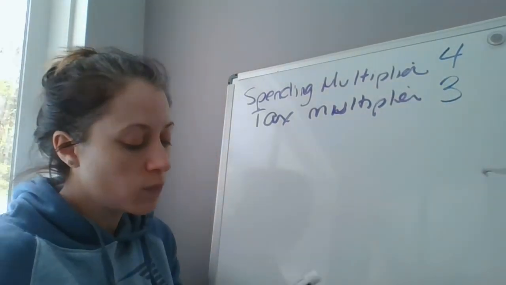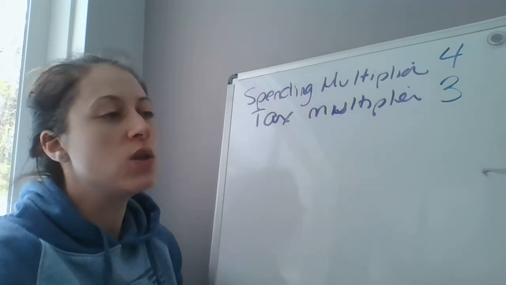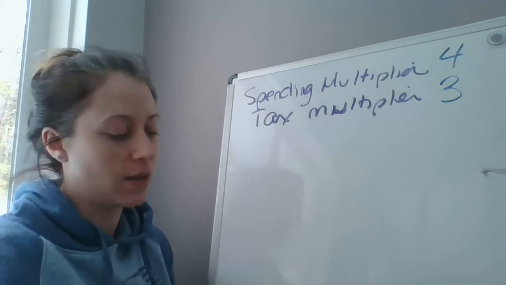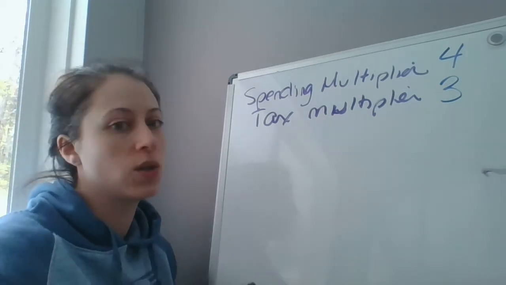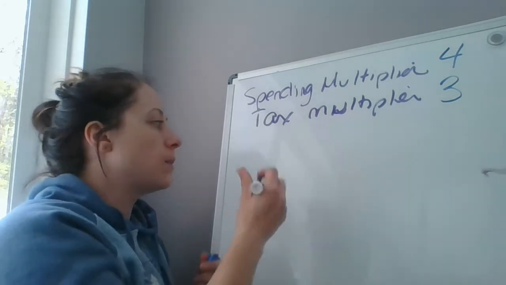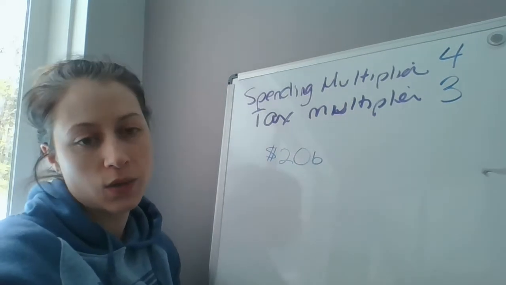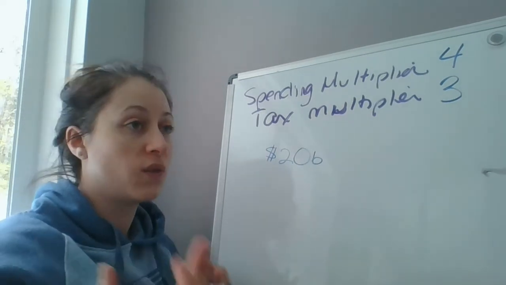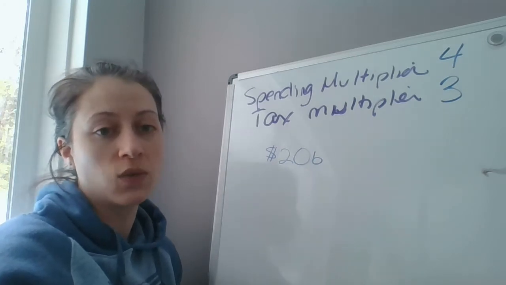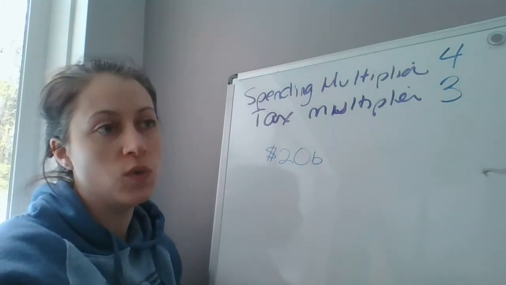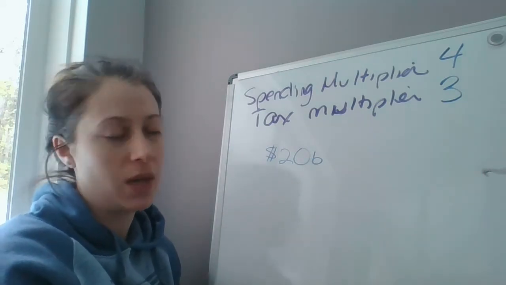Now, there's a couple different ways you can see the questions for this worded. You might see a question that says the federal government is going to try and bridge the economic gap by spending $20 billion. And they want to figure out, based on a 0.75 marginal propensity to consume, how much additional spending is going to happen because of that.